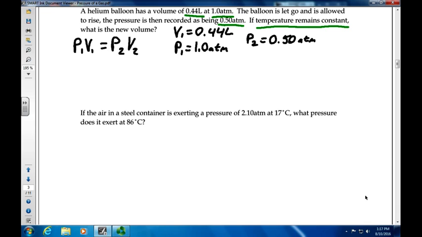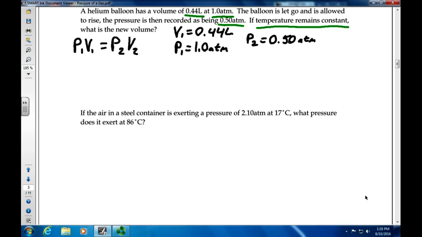So we know what we're trying to find. We know we're trying to find our V value for the final. So we'll have to manipulate our formula to reflect that. In order to do that, we'll have to divide both sides by our P2, or otherwise known as P final.